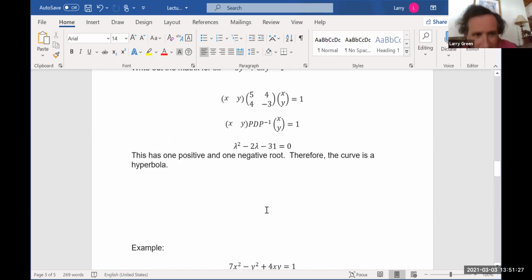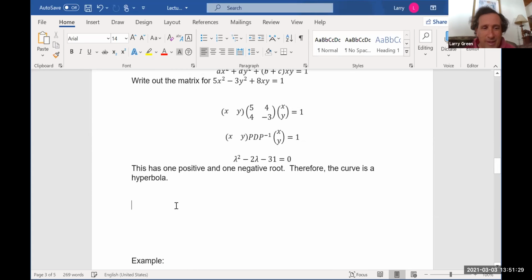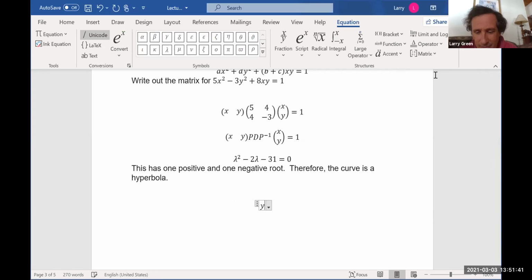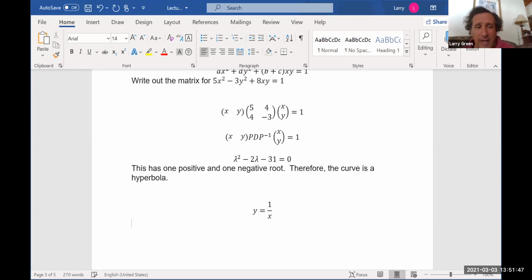Here's one example. Let me give you a more fun example, one that you're used to, that you have seen before. And you know what it is, but we're going to actually prove it. Or I'm going to have you try. All right. You've seen this curve before, right? y equals 1 over x? You better have seen it.